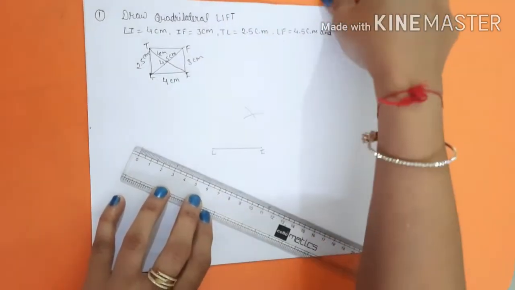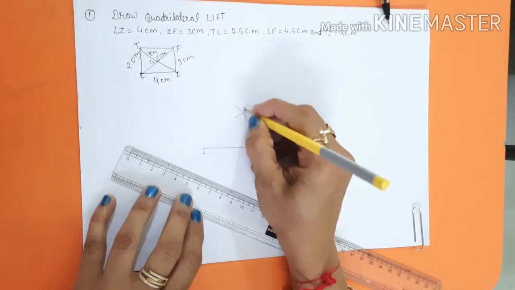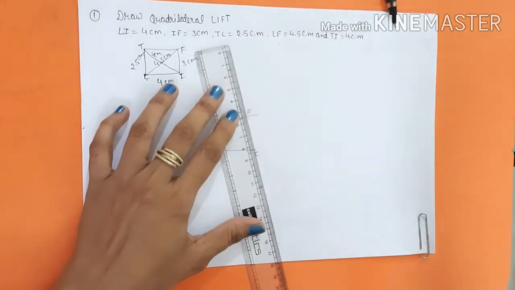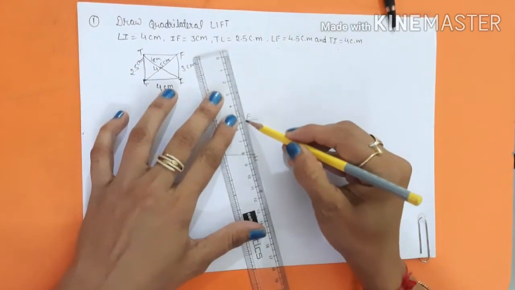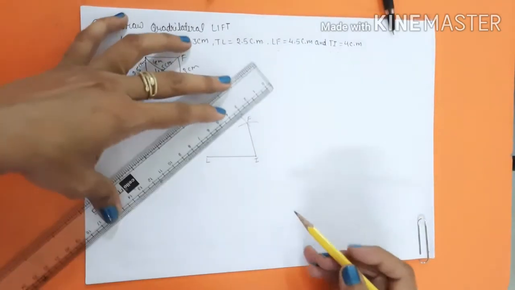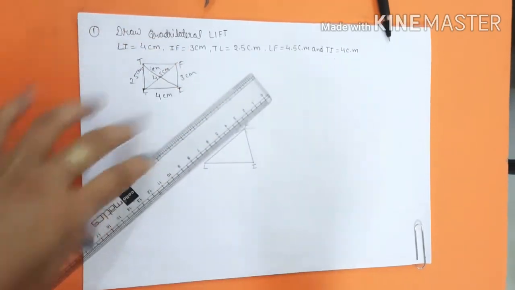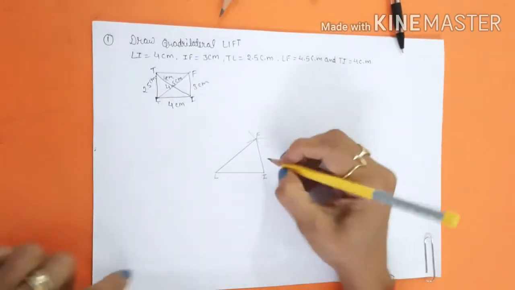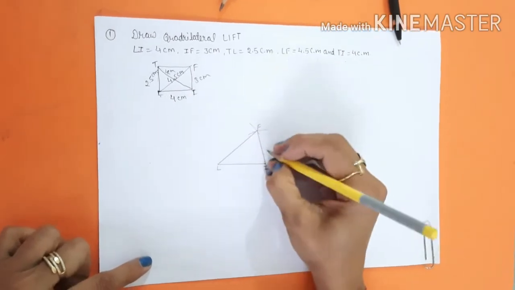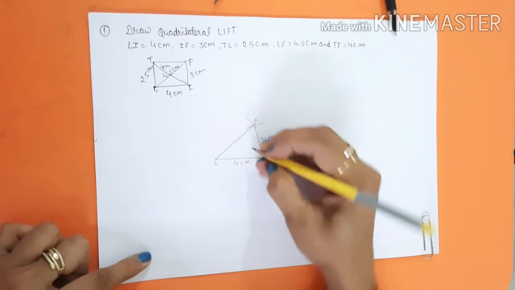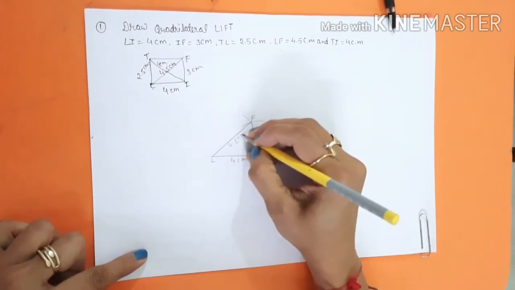We'll give name F because this is L, I and F. Now we'll join the points FI and FL. So one diagonal is complete and one side is complete. This is 3 centimeter, this is 4 centimeter and this is 4.5 centimeter.